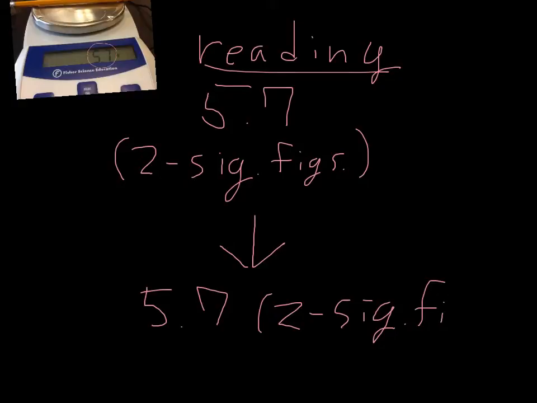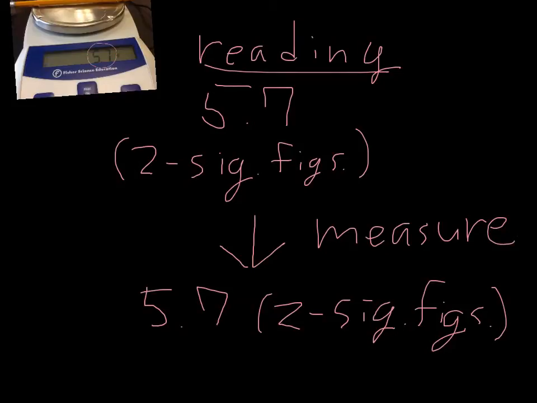So since I had two sig figs on my actual display, my official measurement, what I'm actually going to put down for what I measured, is also going to be 5.7. So there's a straightforward example of how you can use sig fig rules for recording on a digital measuring tool.